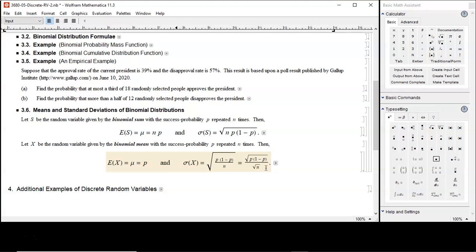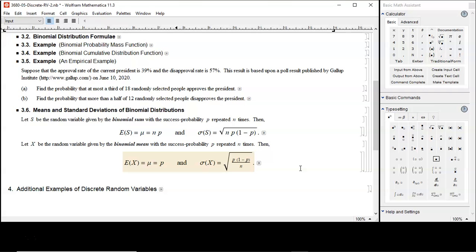You'll have to go all the way back to multivariable calculus with multiple integrals and all those kinds of things, which I'm not going to go through. Otherwise, you'll simply have to use the formula there. This final form, I don't like it very much, so let's just keep it this way: square root of p(1 minus p) over n.